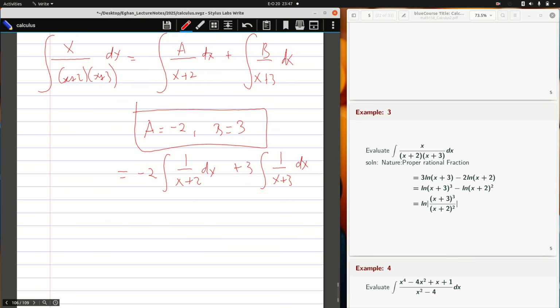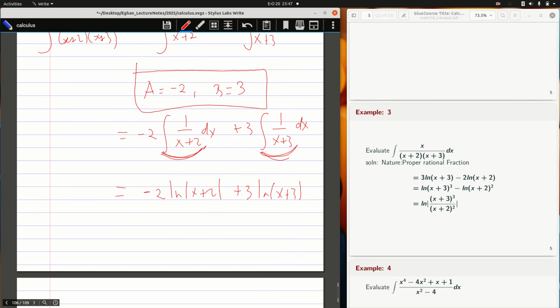So let's see, this is going to be by substitution method. Try it out. You should get -2 ln of x plus 2, and by substitution method I should have 3 ln of x plus 3. I went through the substitution method for the first one, so you can go through that for this. And what do we have here?